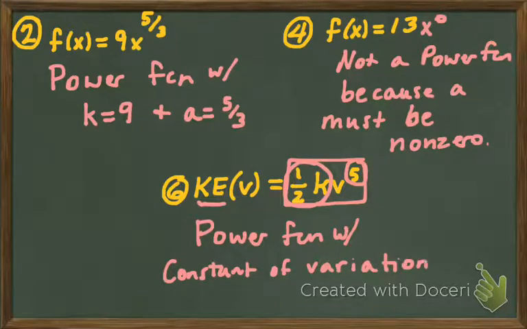That doesn't seem right. Our constant of variation is 1/2 k, and our power is 5.